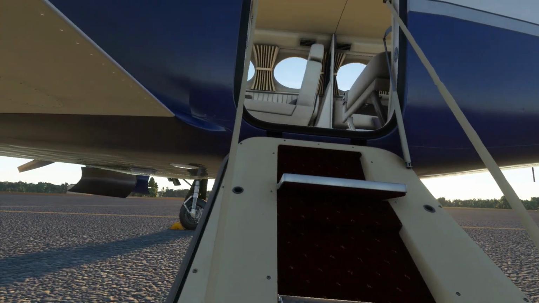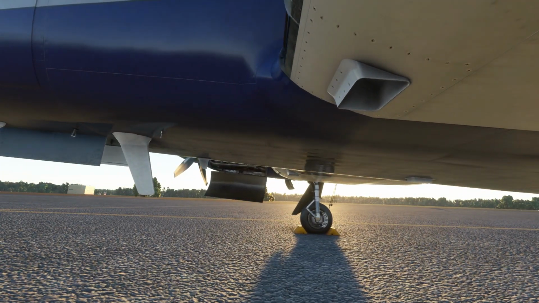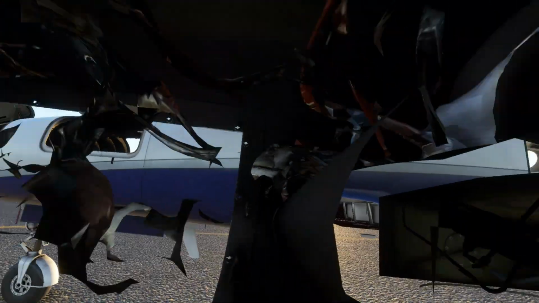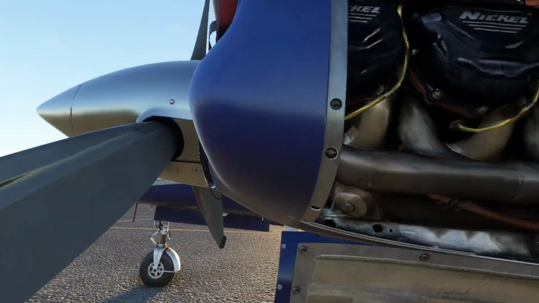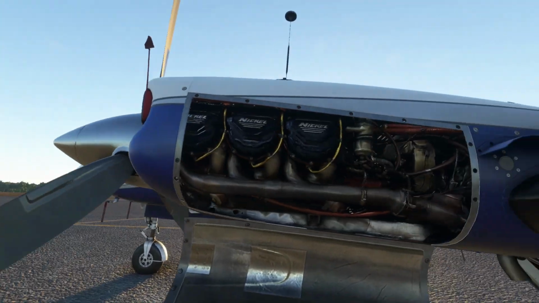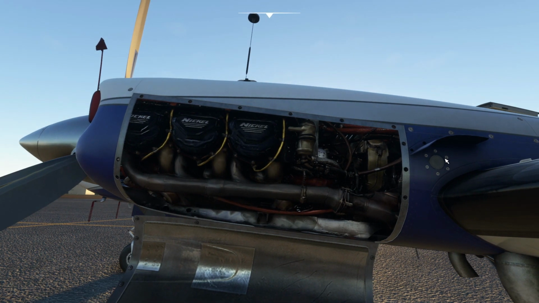Also, there is something that looks like a static port, however it cannot be a static port because of the airflows that travel through here.